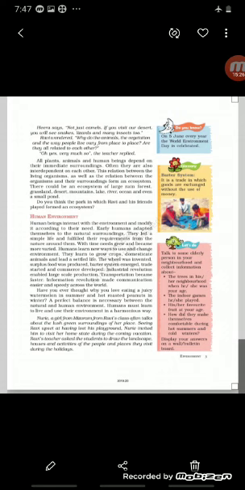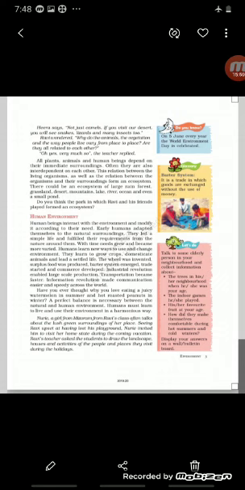Oh yes, very much, the teacher replied. The teacher answered that of course there is a difference from place to place. All plants, animals, and human beings depend on their immediate surroundings.